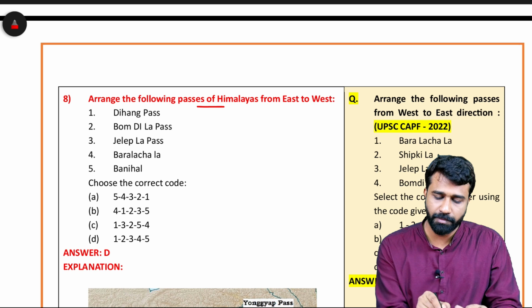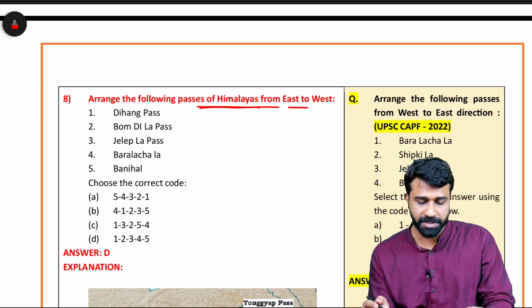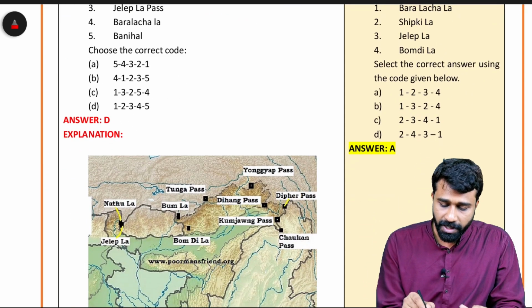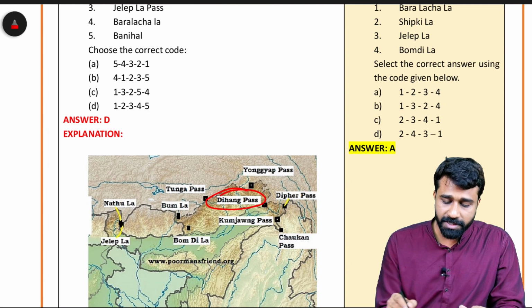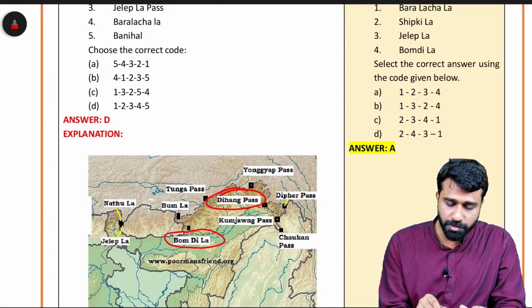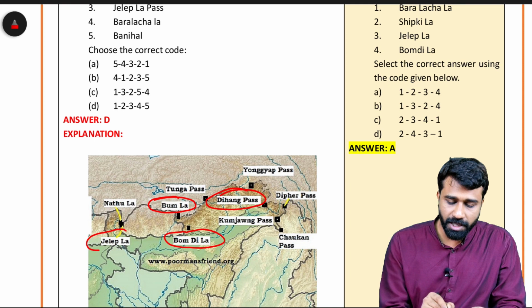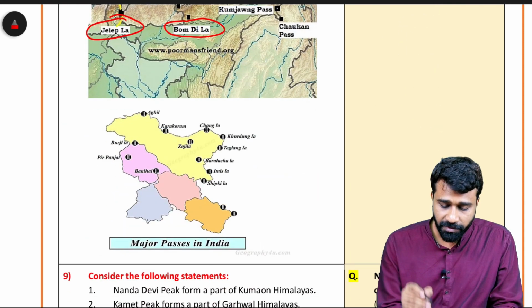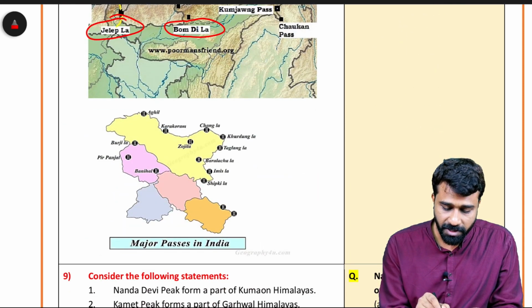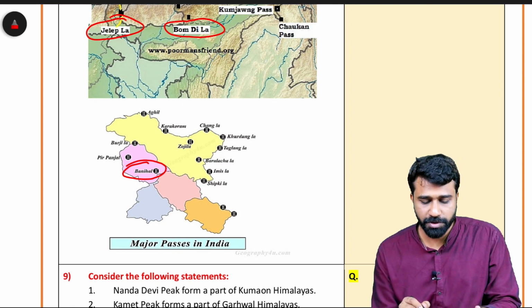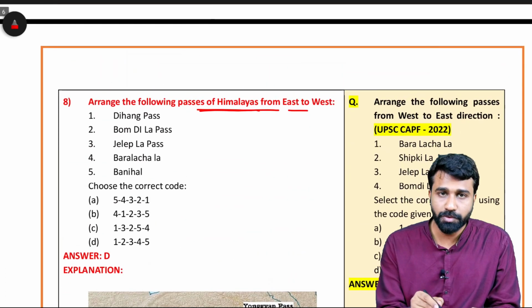Next, arrange the following passes of the Himalayas from east to west. East to west, you have Dihang Pass, next Bomdila Pass, then Jelepla Pass, then Baralacha La. With respect to the Kashmir region, Banihal Pass is the leftmost extreme in the given statements.